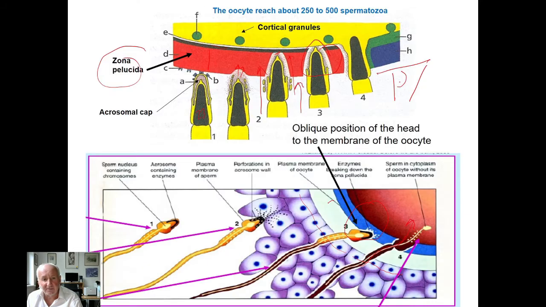The first fast block is very quick, and you see on this picture cortical granules with some enzymes, and you see the cortical granules are very near the membrane of the oocyte. And when the first spermatozoa touches the membrane of the oocyte, immediately the contents of the granules are released into the zona pellucida.